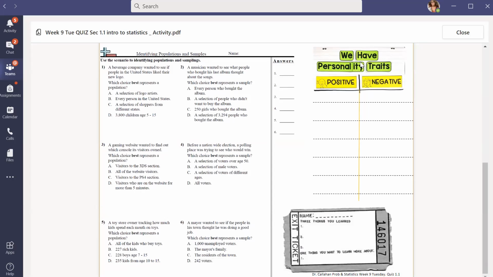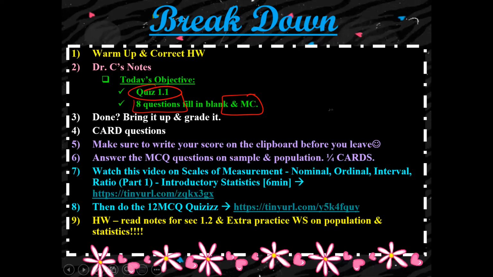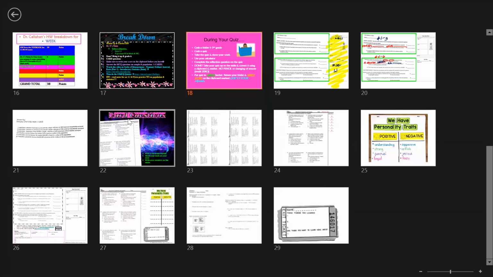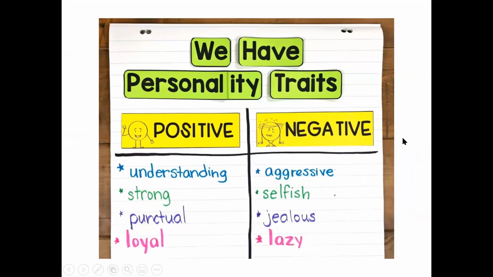My last thing I want you to do is a personality trait, positive and negative, activity that I want you to work on. So now I'm going to go back to this. Okay, here we go. The very last thing I want you to do is this positivity, negativity, personality trait activity. A positive personality trait is being understanding. The opposite of that is aggressive.